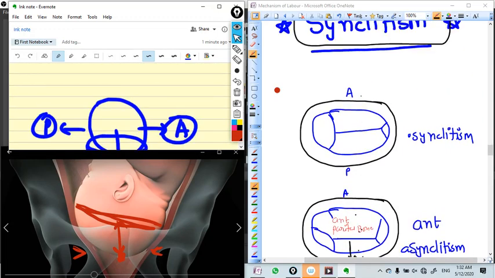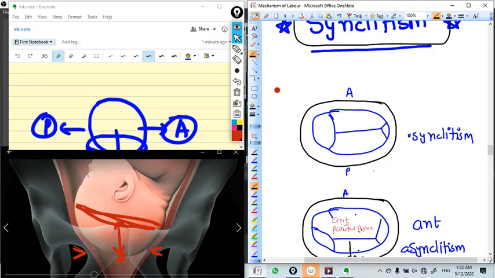Now imagine we are seeing the fetal head from the vagina, from below. I want you to imagine that you are seeing the fetal head coming towards you in the vagina. Just see this figure here.